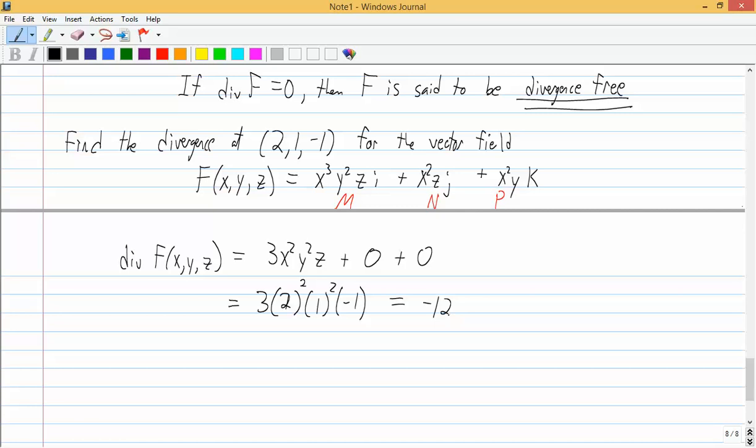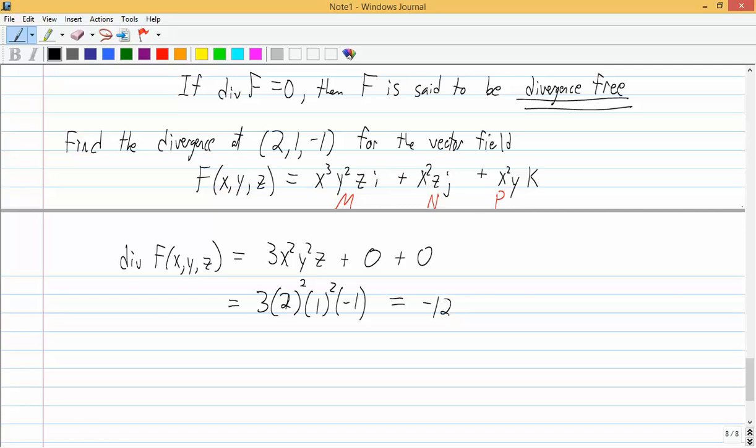Your book goes on to say that divergence can be viewed as a type of derivative of capital F, in that for vector fields representing velocities of moving particles, the divergence measures the rate of particle flow per unit volume at a point. In hydrodynamics, the study of fluid motion, a velocity field that is divergence free is called incompressible.